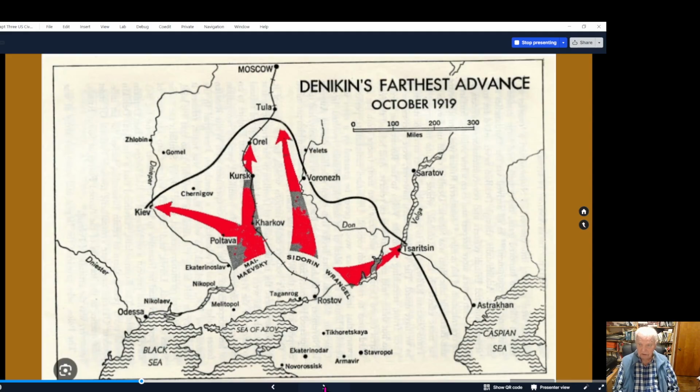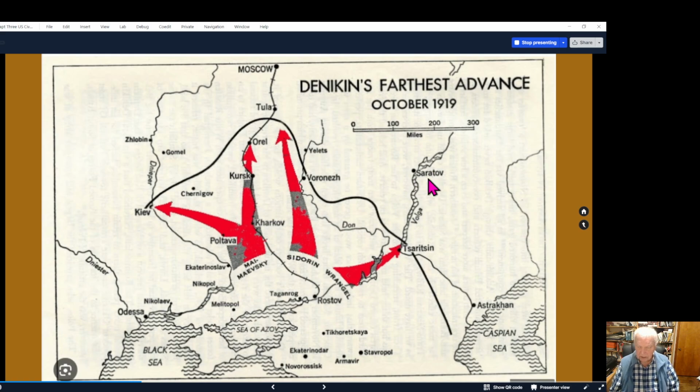And so Denikin is driving to get to Moscow, and this is in October of 1919, and he drives, and Moscow is here, and he comes up, and he's getting close. Here's Kiev over here to orient it, and Odessa. Tsaritsyn here is what's now Volgograd or Stalingrad, and Saratov.